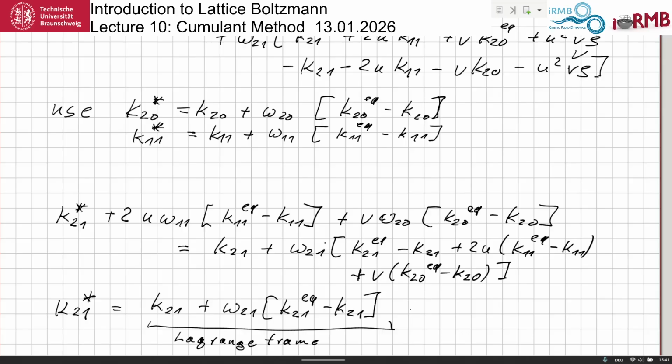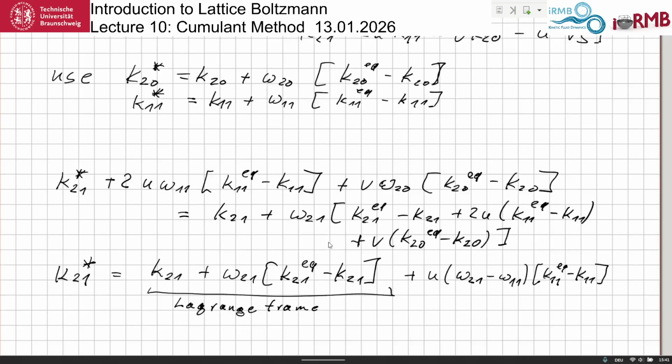So we'll end up with plus u (omega 21 minus omega 11) (K11 equilibrium minus K11), and plus v (omega 21 minus omega 20) (K20 equilibrium minus K20).